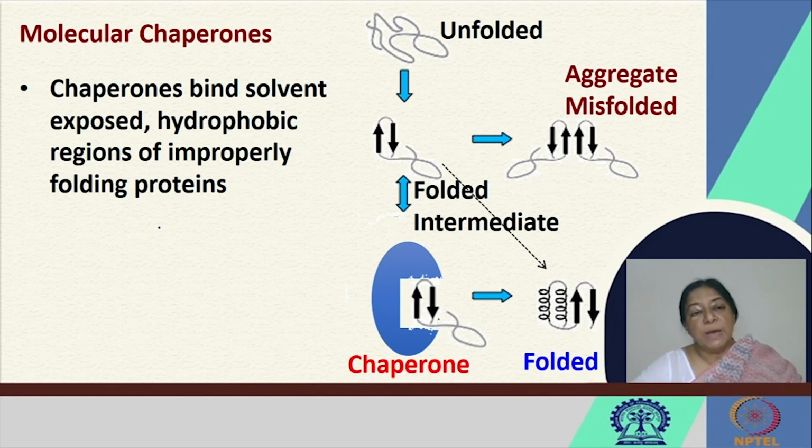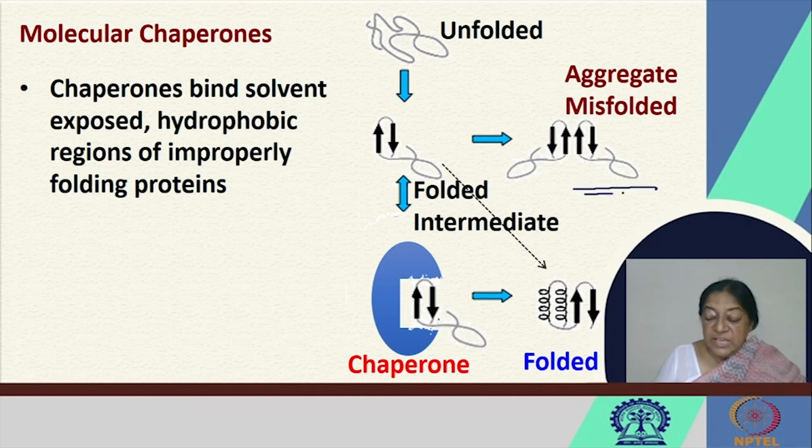In the molecular chaperone system, this will bind the solvent exposed hydrophobic regions of the improperly folded proteins. Then they will create a folded intermediate. It will bind to the chaperone unit, and a folded protein will be obtained from this that would prevent any aggregation or misfolded protein from occurring.